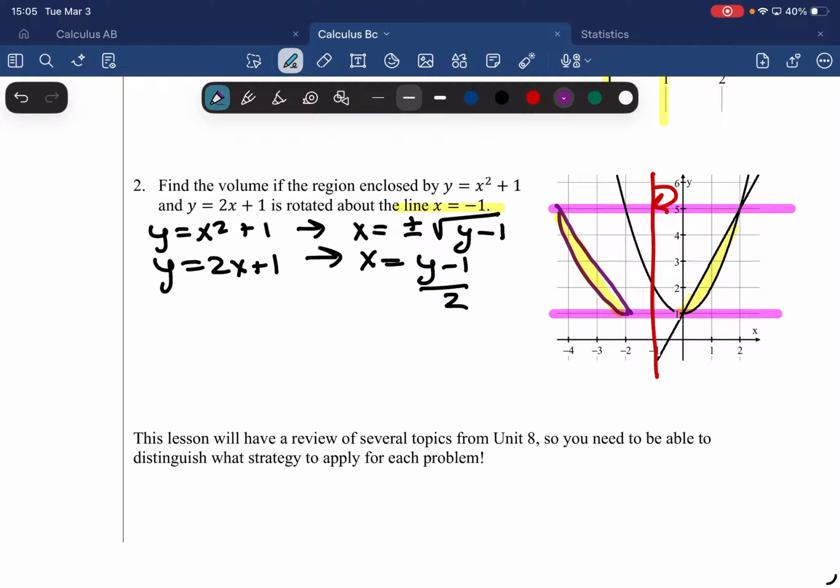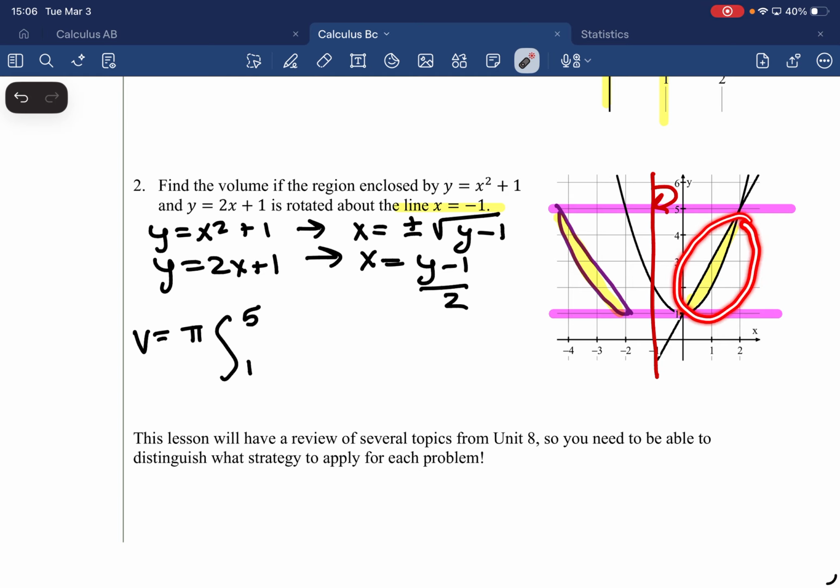And again, since we are in terms of y, we're no longer doing top minus bottom, but instead right minus left. So if I write my volume equation, I have the volume is equal to pi times the integration of 1 to 5. Then again, it is my right minus left, outside minus inside. Both of these functions are on the right. My line is on the left.